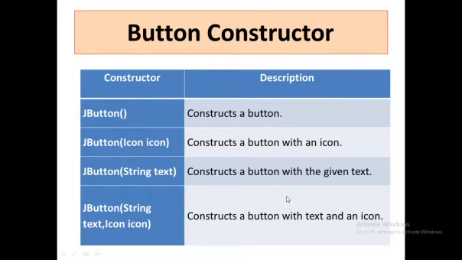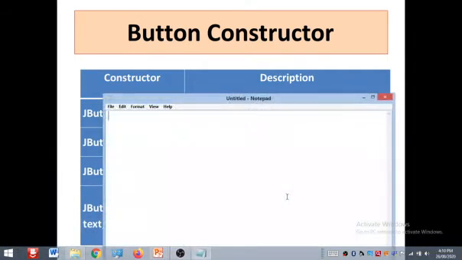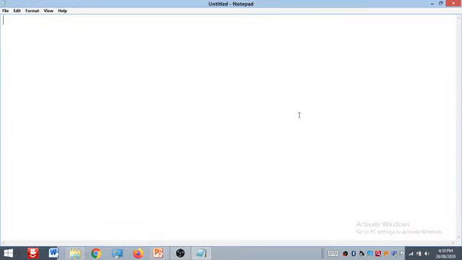Okay, so here we observe one example based on this. So we go to the notepad first. For this, first of all, we are going to import the necessary packages for this program.